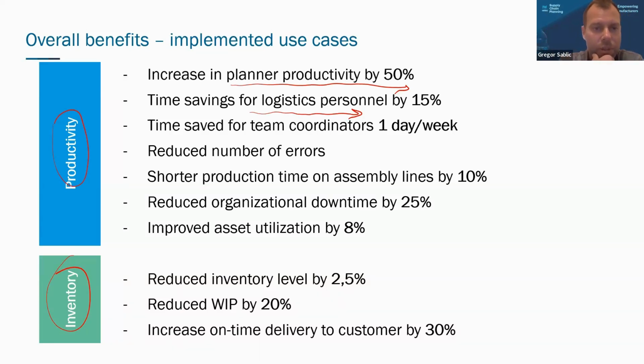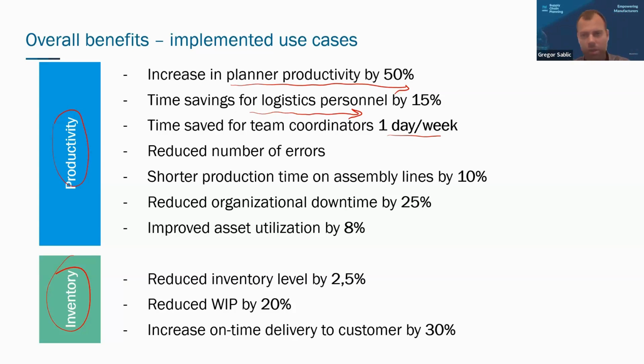on average by 15%. Also for team coordinators, because they don't need to constantly communicate with the planners, but they just simply go into the system. They say, okay, now I know in advance, let's say for the next shift, this line will be off because I need to manage it or do some maintenance work. How will that reflect on the production area?